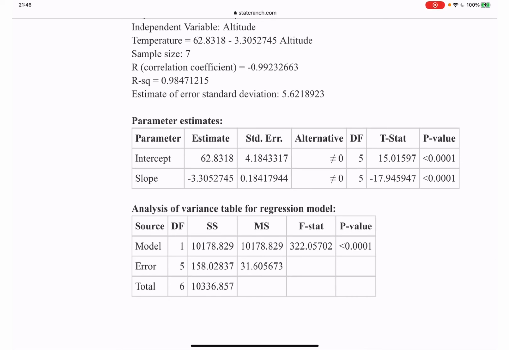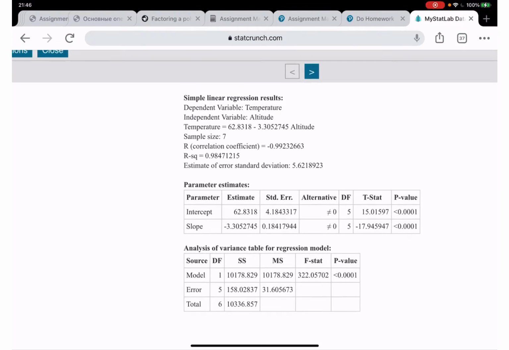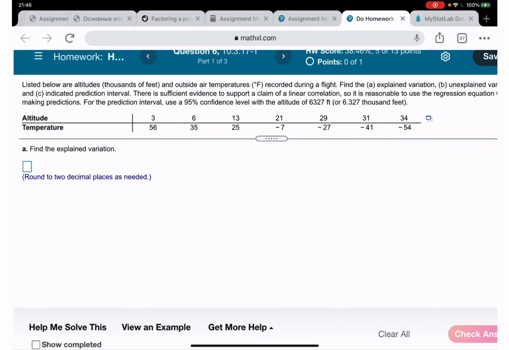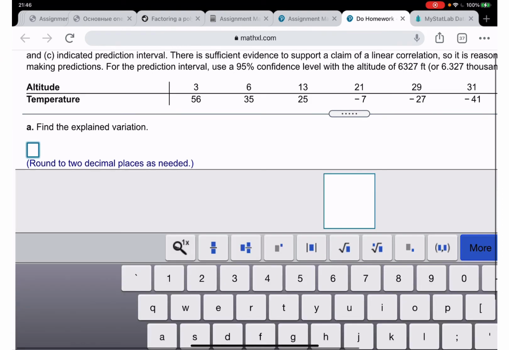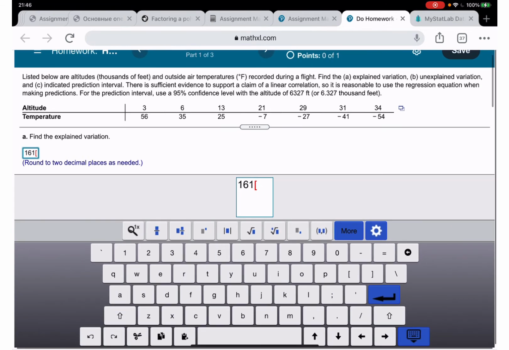Okay, so let's go back and place it. So the explained variation is 16178.83.